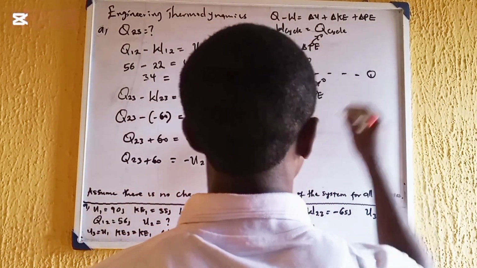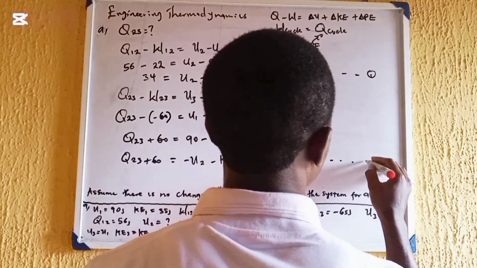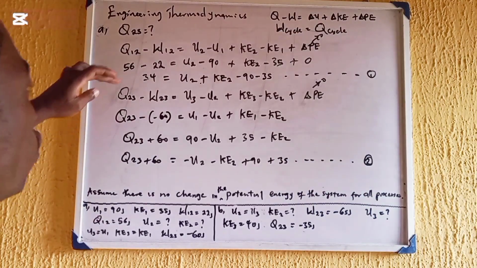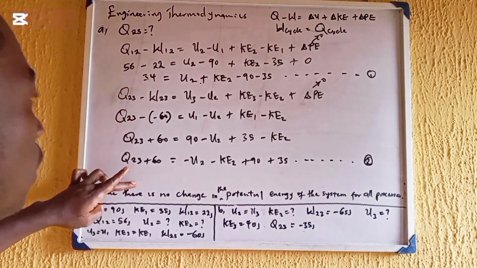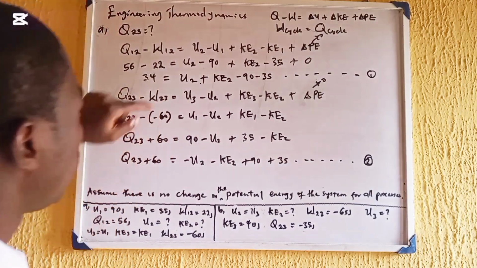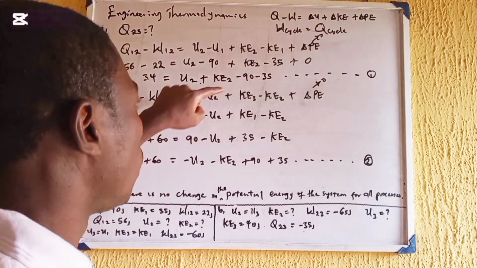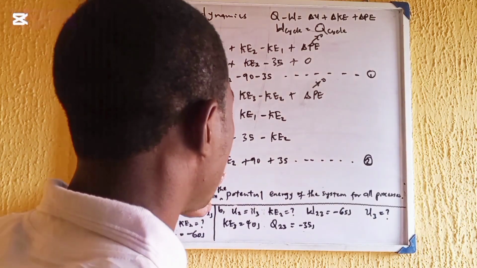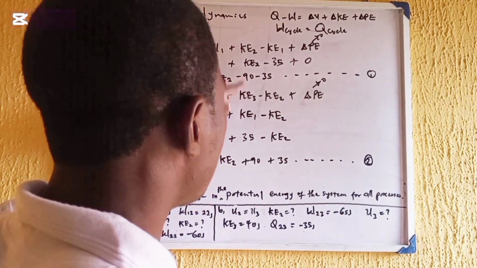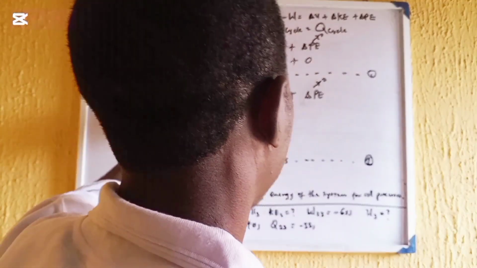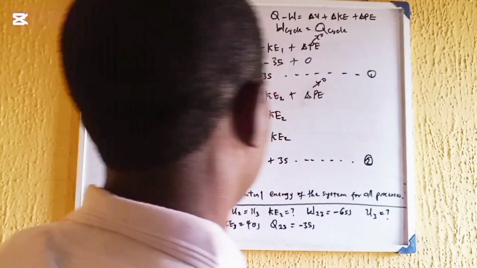Now let's call this equation 1 and call this equation 2. So we'll be adding equation 1 and equation 2. So you'll be having U2 plus minus U2, that gives you 0. KE2 plus minus KE2, that gives you 0. Minus 90 plus 90, that gives you 0. Minus 35 plus 35, that gives you 0.